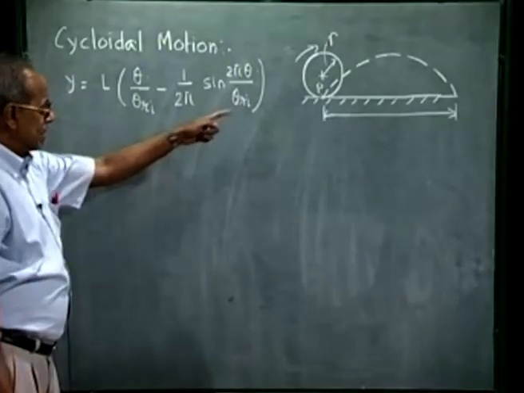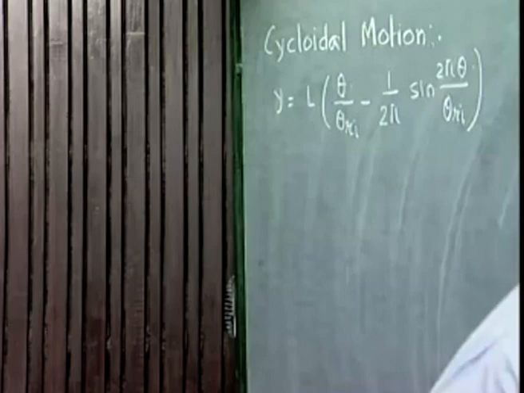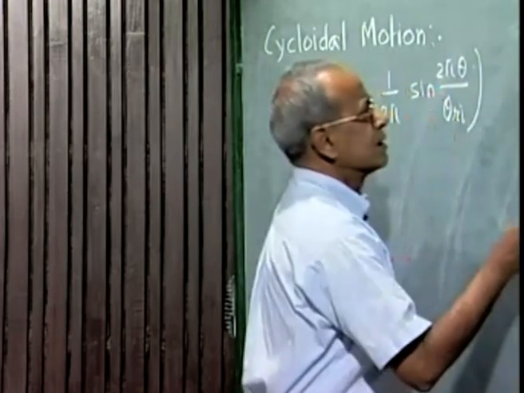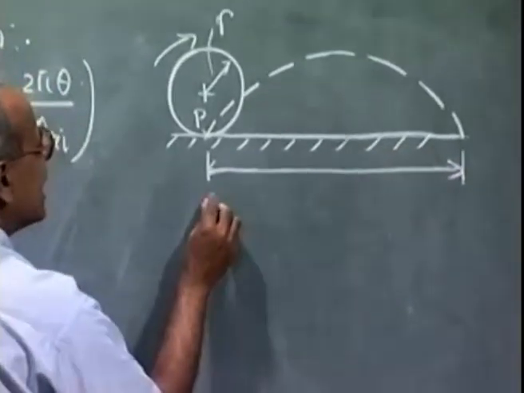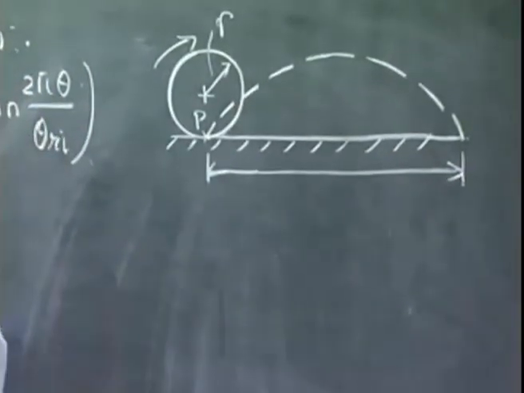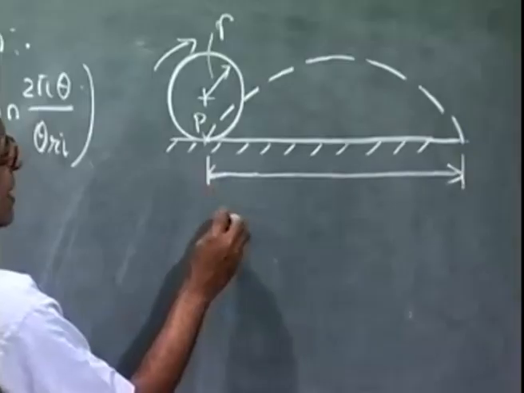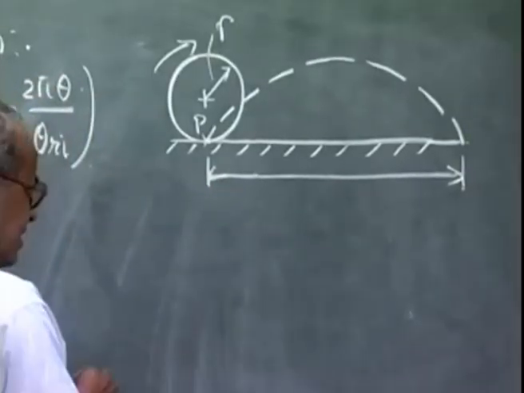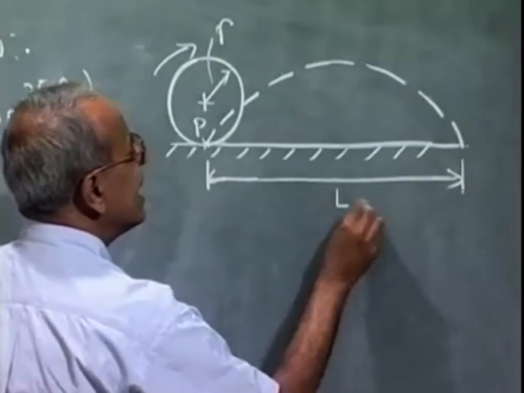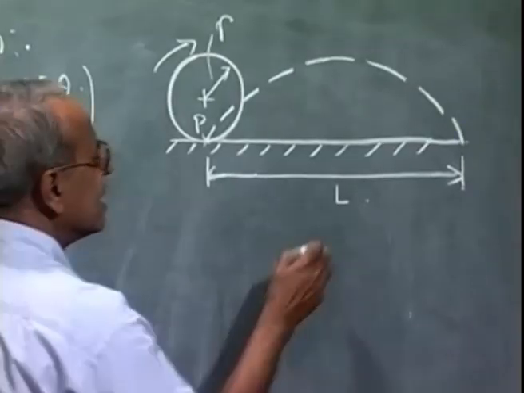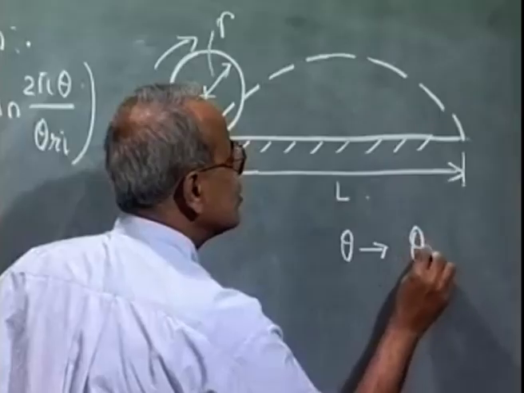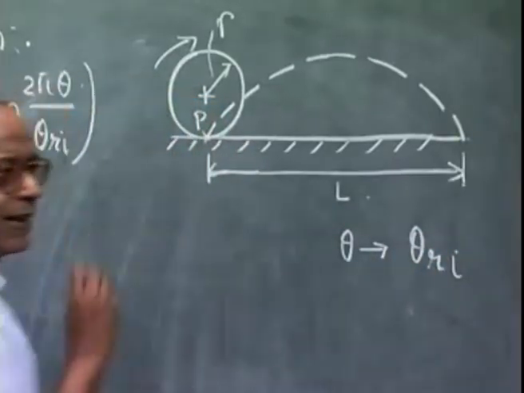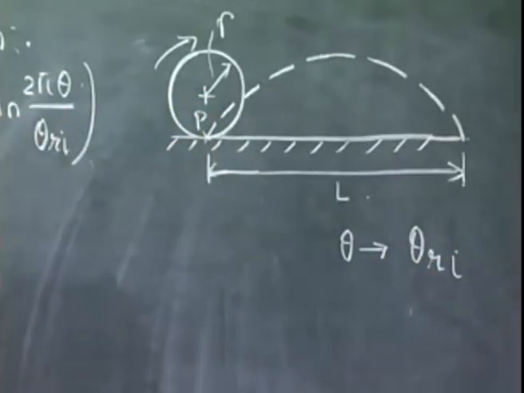Now this expression can be easily shown from this diagram. Suppose this is the lift L, and that corresponds to theta rotation of the cam, with theta going from 0 to theta Ri, where theta is the cam rotation.